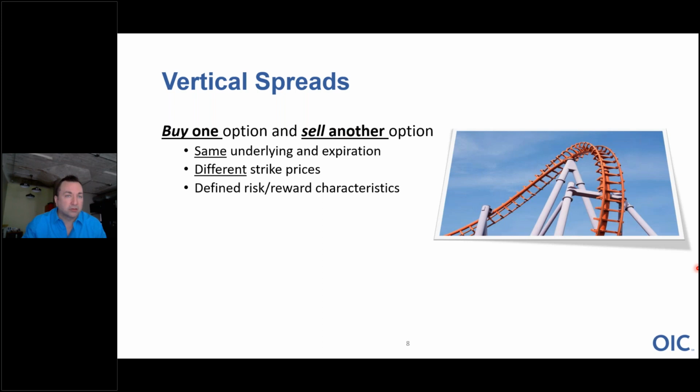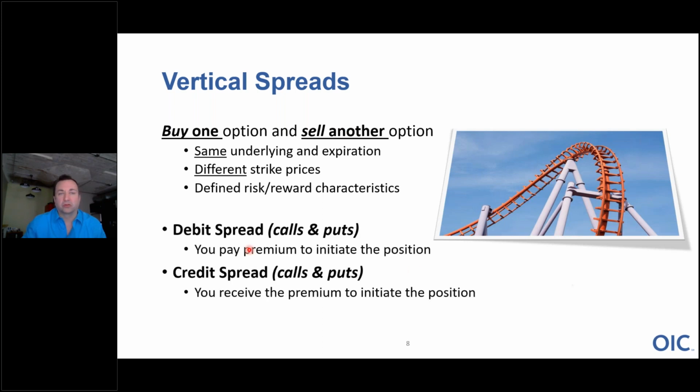Now, there's four types of vertical spreads. You have debit and you have credit spreads, and there's two of each. So I'm going to spend just a minute here dissecting these two. For debit spreads, this of course means you're paying a cash debit.